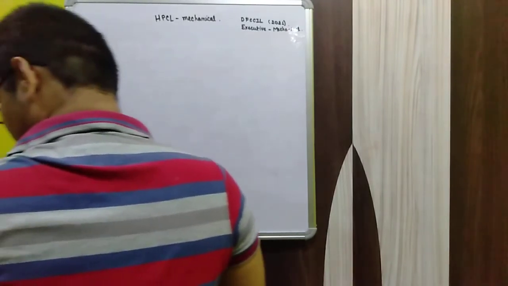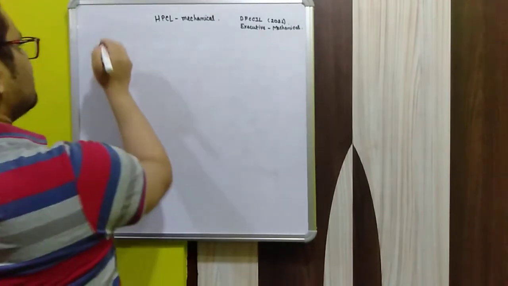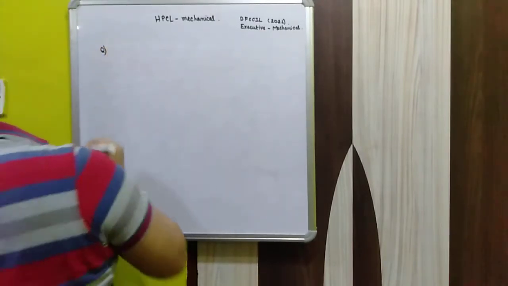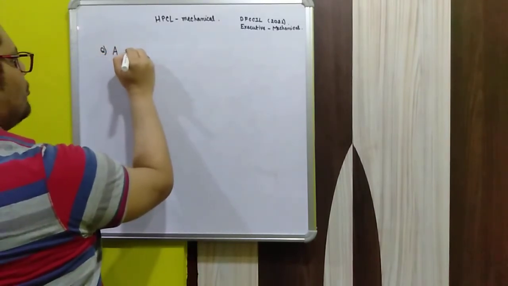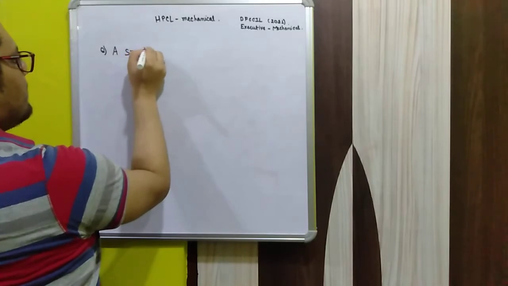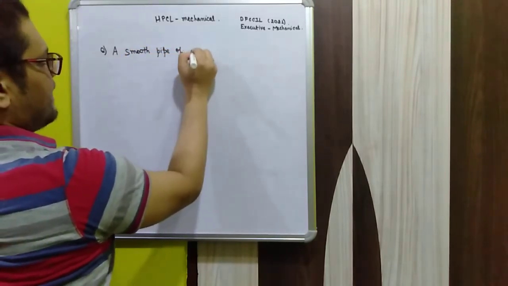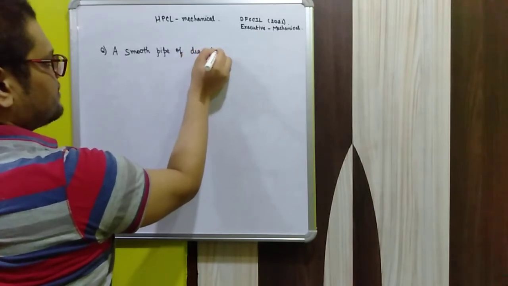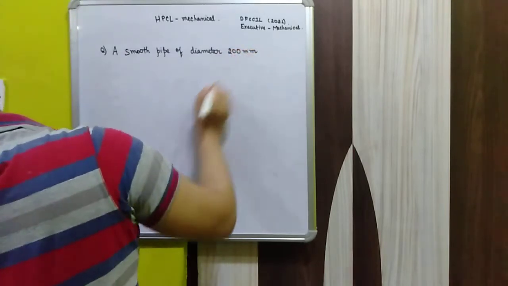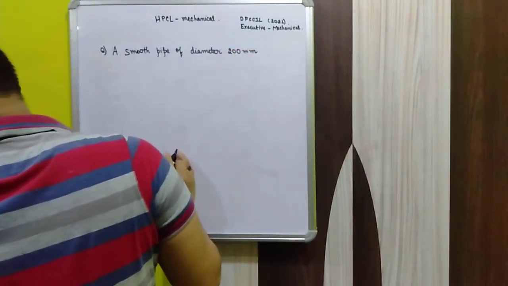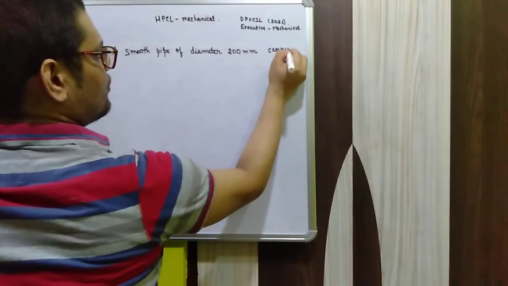So now we go to the next question, which is from fluid mechanics. A smooth pipe of diameter 200 millimeter carries water.